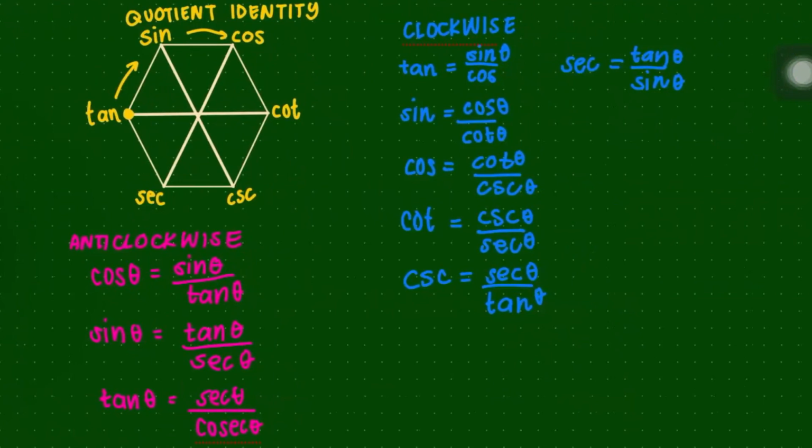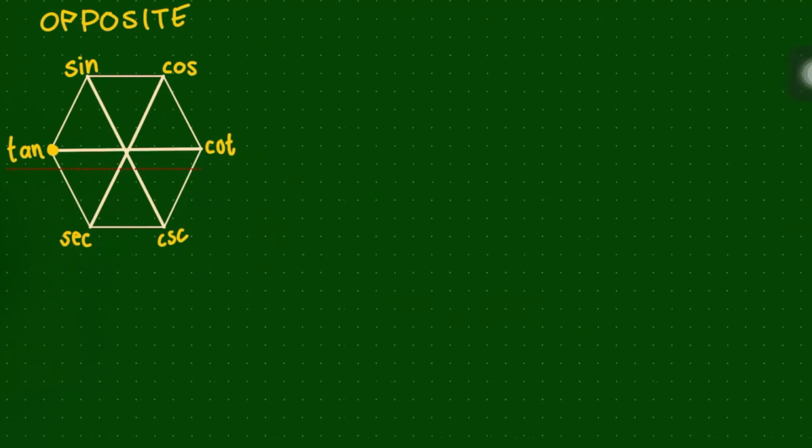Now for the second identity, which is opposite, we're still going to keep the hexagon, but in a different process. For this one, what we're going to do is we multiply the functions opposite to each other, then we get 1 as the value. So we have to put 1 here on the center.